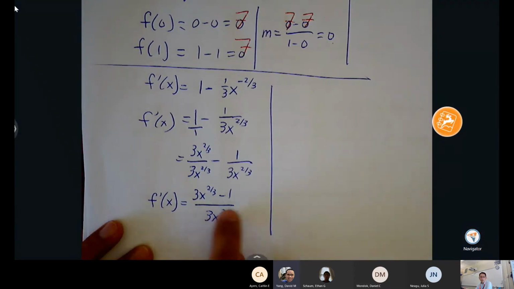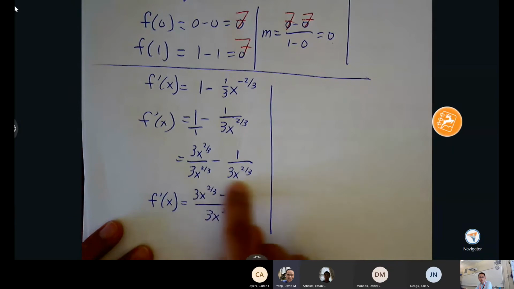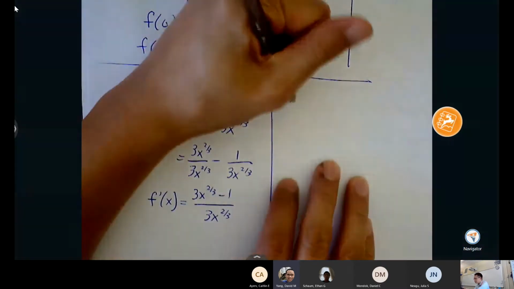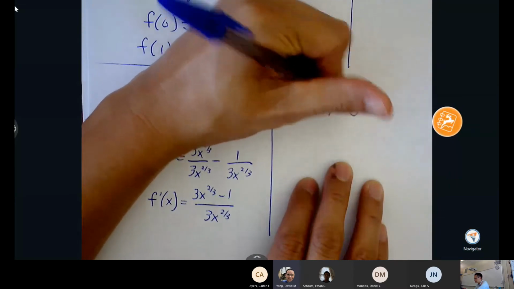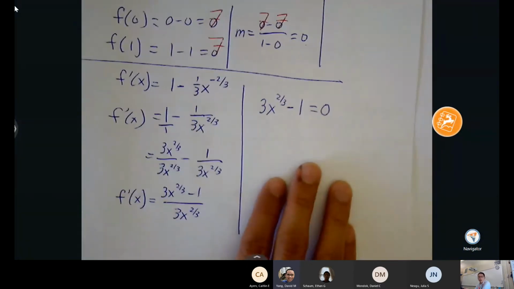Okay, with Rolle's theorem, we only care about the numerator, so we're setting the numerator equal to 0. And then we solve for x.